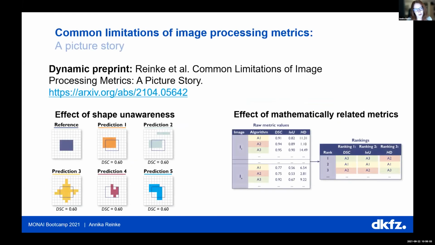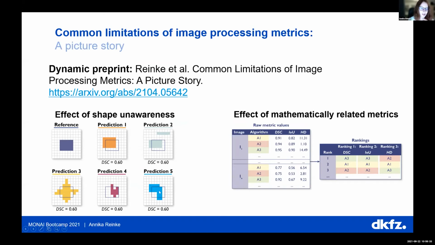Another thing that we're working on is the exact limitations of metrics. And here we have a dynamic preprint. So a preprint that's updated when we collect more limitations. And we present the limitations in form of pictures, graphical illustrations of the different strengths and weaknesses of different metrics. The current version only focuses on segmentation, for example, visualizing shape unawareness of the dice metric.